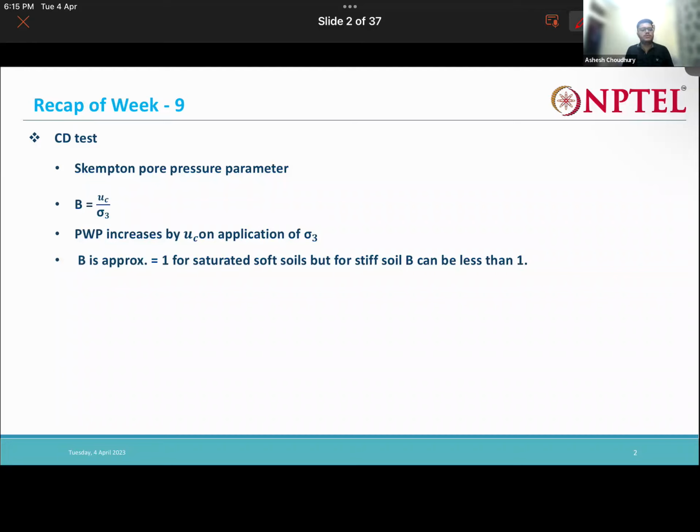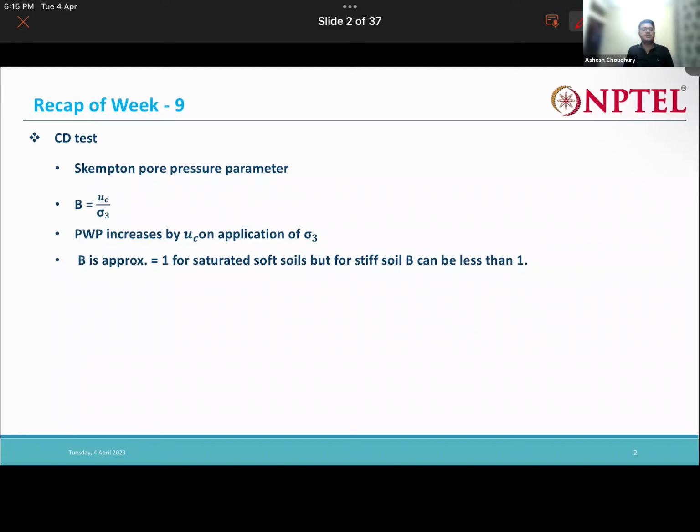What we do is apply back pressure and cell pressure simultaneously, and using that we saturate the sample. We also need to put some filter paper around the sample so that the soil gets saturated. There is a defined procedure which you can find in the literature.